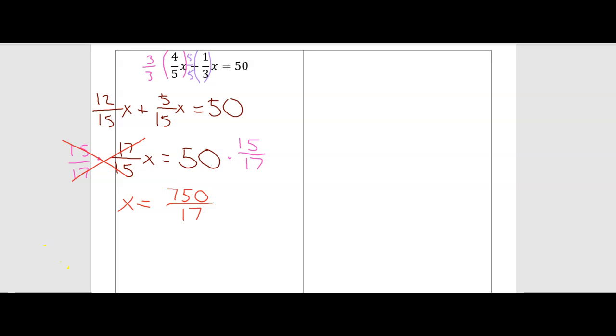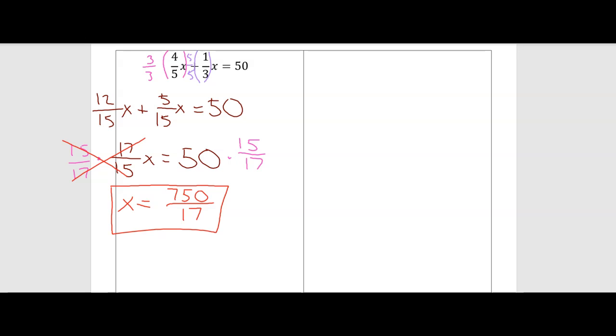If it doesn't say to round, and you can't simplify your fraction any further, which we can't, we are going to leave it as 750 over 17. It may look a little weird, but the higher level your math course is, the less you're going to be given problems that come out nice and neat, because that's generally just not how the real world works. Not every solution to every problem is a nice, neat natural number or integer.